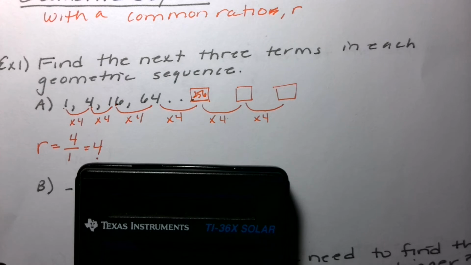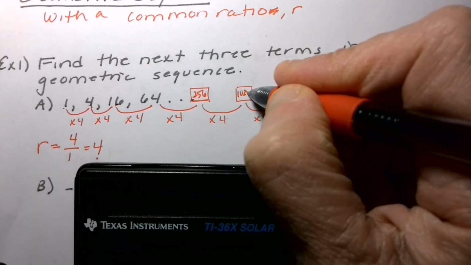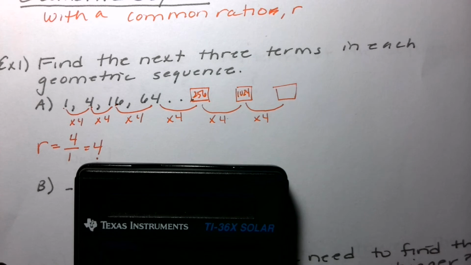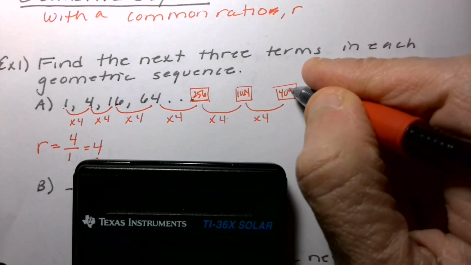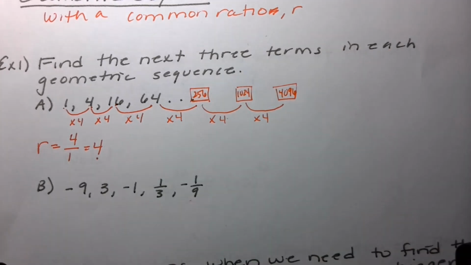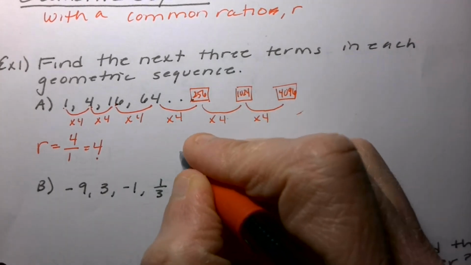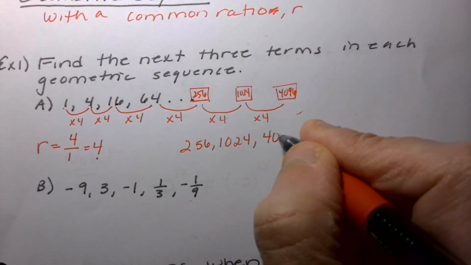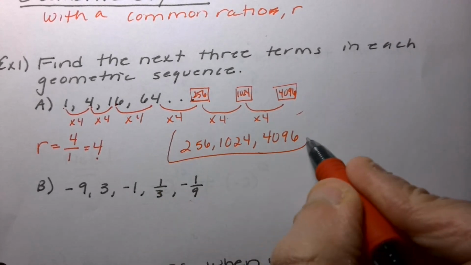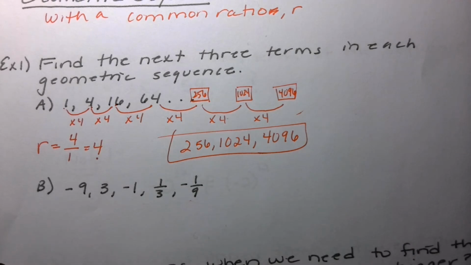And 256 times 4 is 1024. I should have left these a little wider. And that times 4 is 4096. So my answer to this problem will be 256, 1024, and 4096. That is how I would write the answer.